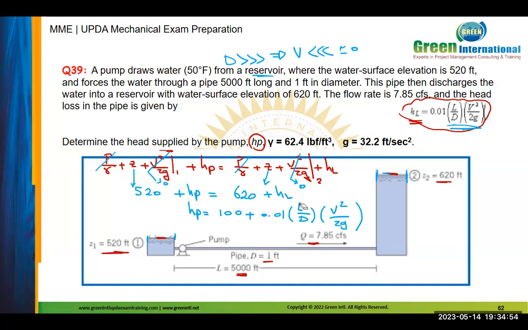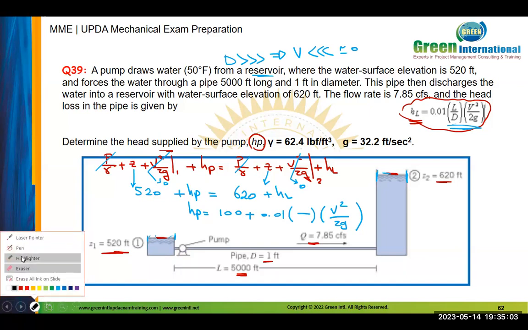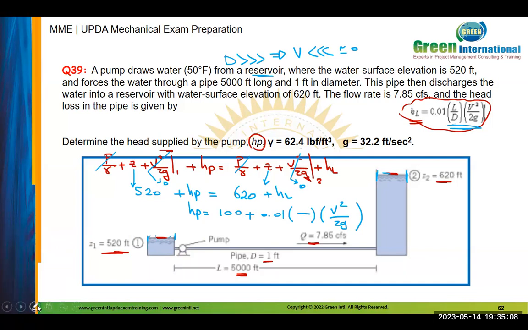Let's erase the element and substitute L, 5000, D, 1. This is 5,000 feet. This is 1 feet. Also, this calculation is also in feet. No problem, so we are following the correct units.